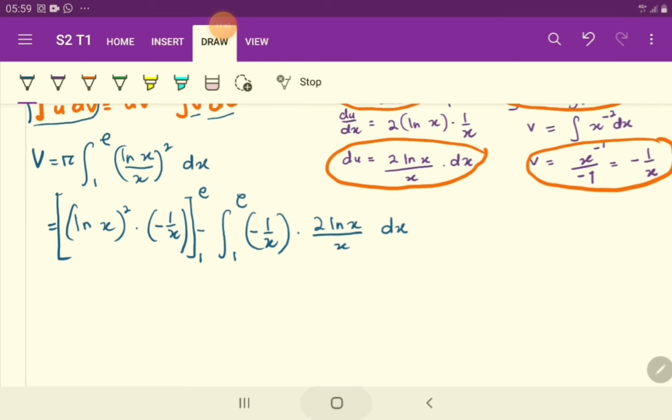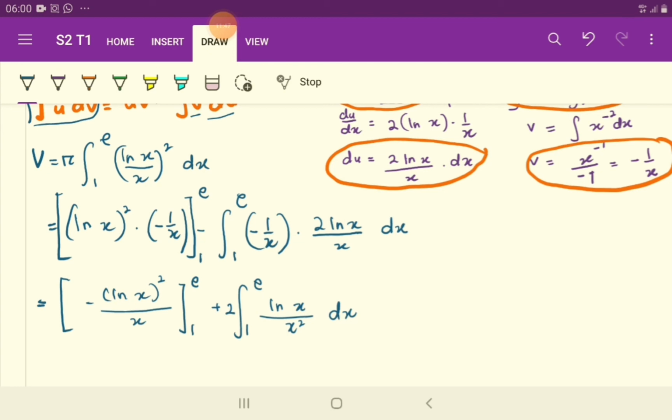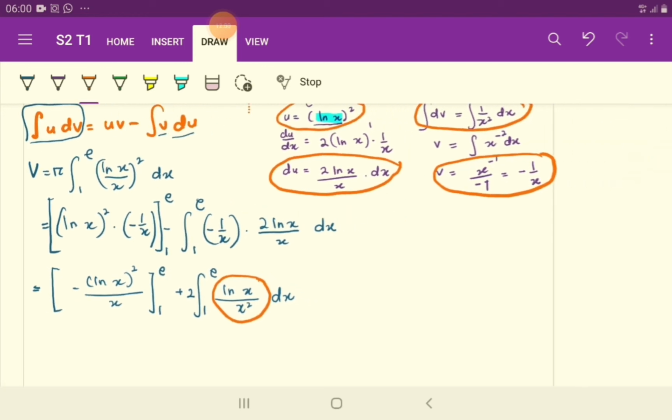Okay, so we can simplify. After simplifying, we can see that again we need to integrate this by parts, so we have to identify the u and dv once again. u is equal to ln x, dv is equal to 1 over x squared dx. So du dx is equal to 1 over x, du is equal to 1 over x dx.